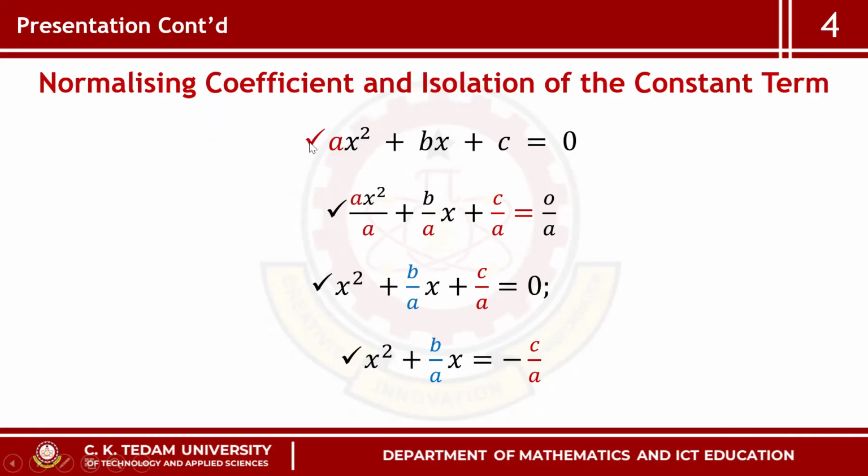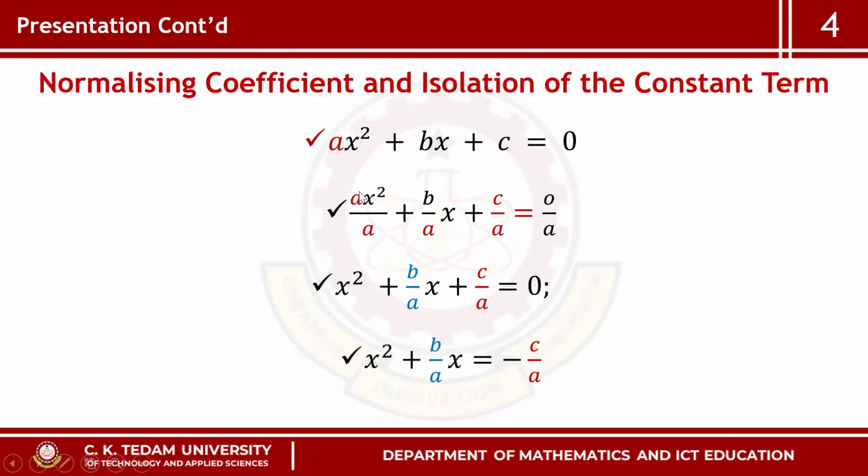Now, normalizing it means that we are going to divide through by the coefficient of the quadratic x. And in this our case, the coefficient of the quadratic x is a. So we will divide ax squared by a, and we'll divide bx by a, and we will divide c also by a. We divide 0 by a. 0 divided by a will in turn give us 0.